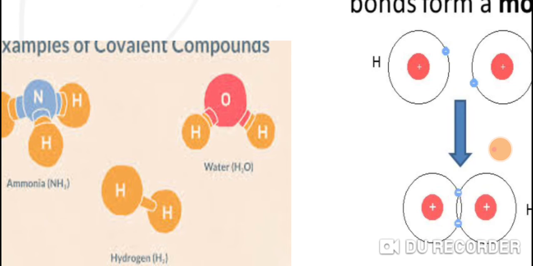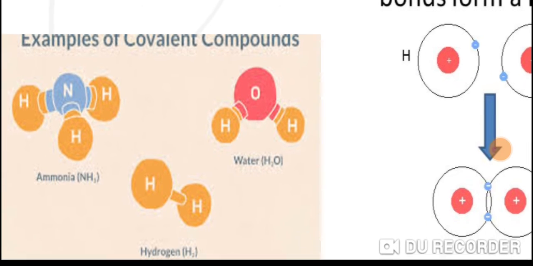So when it shares one electron, the outermost shell of hydrogen becomes complete, and so they coexist together in the environment. Similarly, the H2O bond is also an example of a covalent compound.